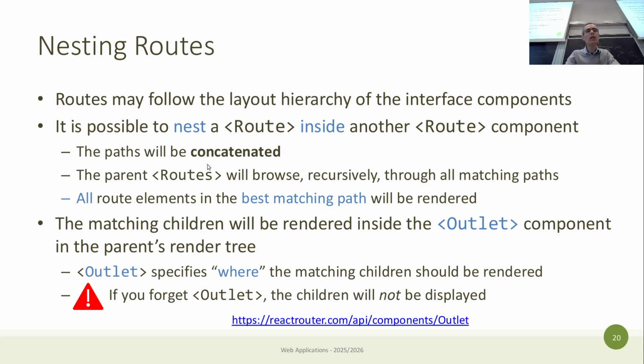All the paths will be concatenated, and the parent routes will browse recursively through all matching paths inside. Just remember that since you have different levels, you need to define in your components where the children must be rendered, and there is a specific component named Outlet that you need to use in your components to show the children of the component.